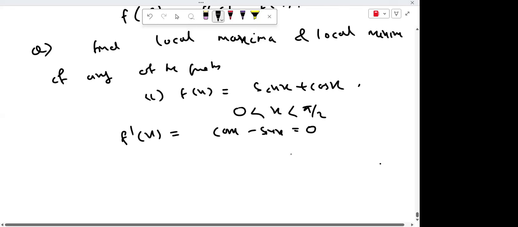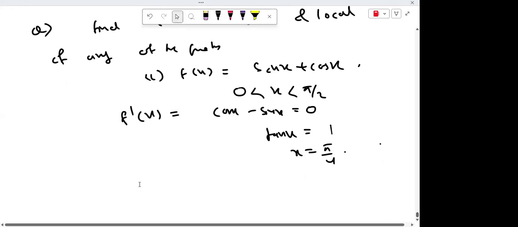Let's put that as 0. So we have tan x as 1. So x would be pi by 4 because x is from 0 to pi by 2. Okay, no other values.